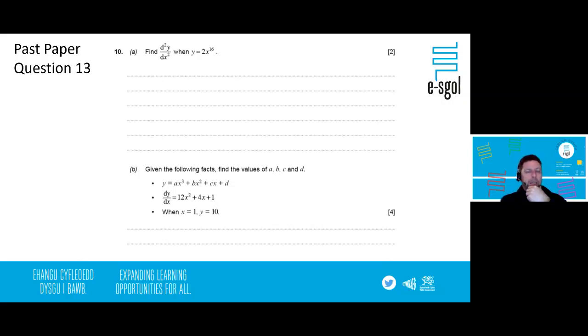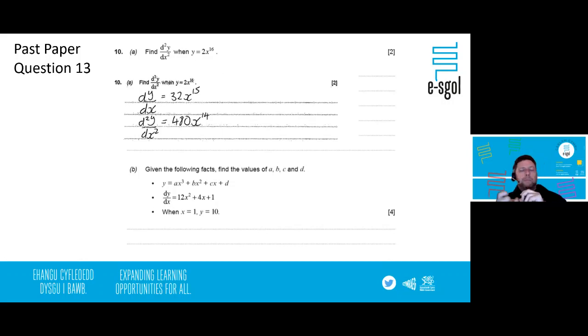Okay, I'll put the answer up for part a because that's pretty straightforward. So if I was you for part b, first of all, I would differentiate this. Differentiate the line y equals. Then compare coefficients is what you really call it.